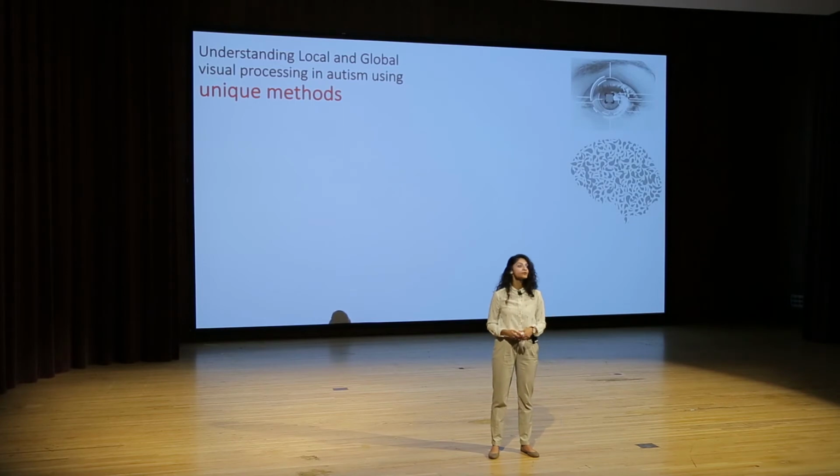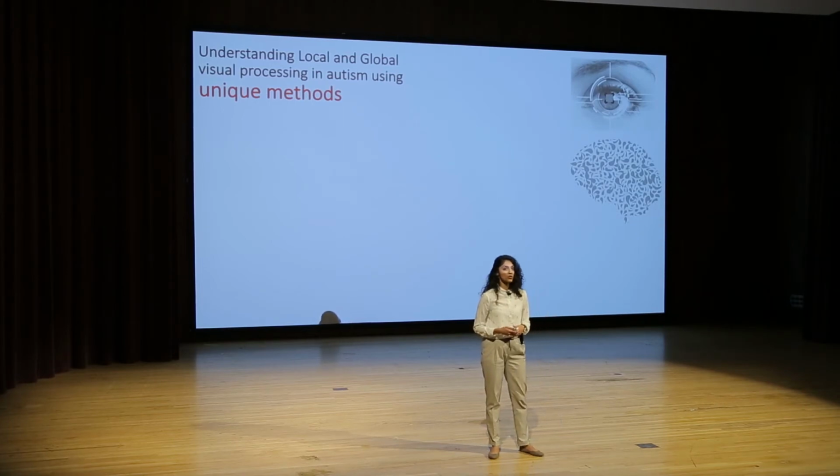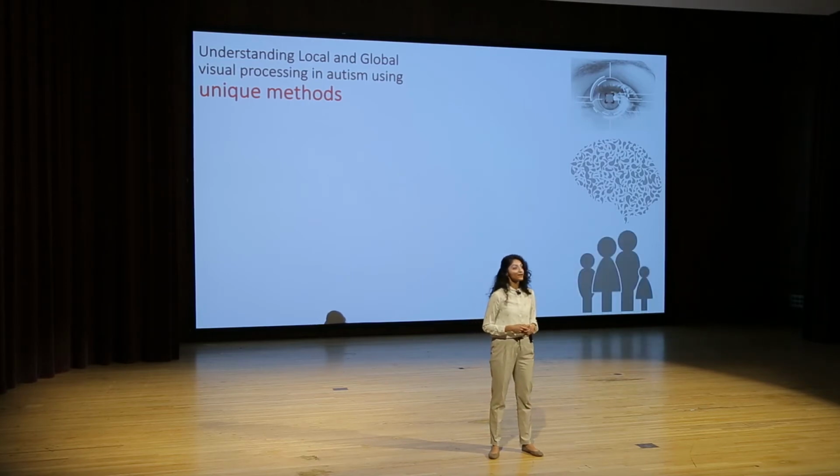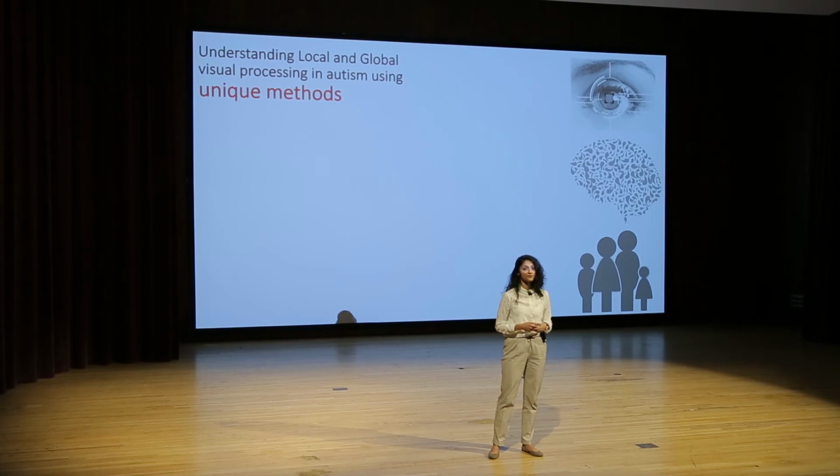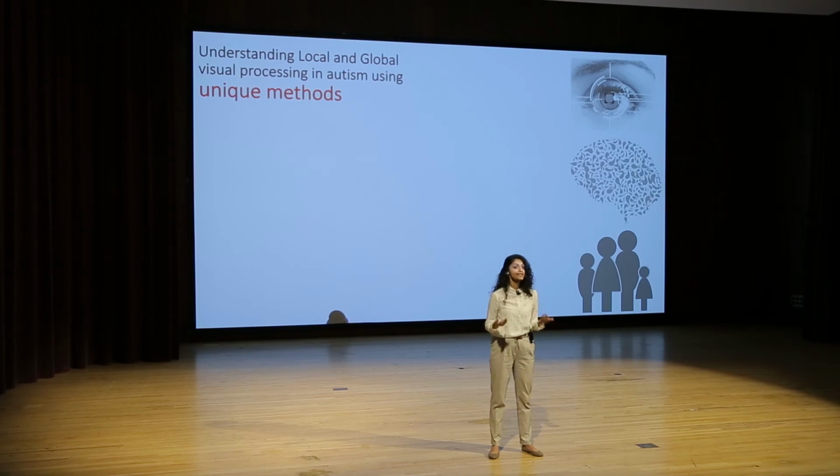The second is using brain measures to explore whether the brain is the engine behind that. And finally, studying visual processing in the context of a family study will allow me to explore whether local and global visual processing are traits that run in families of individuals with autism, which may in turn help us understand some of the genetic links in autism.